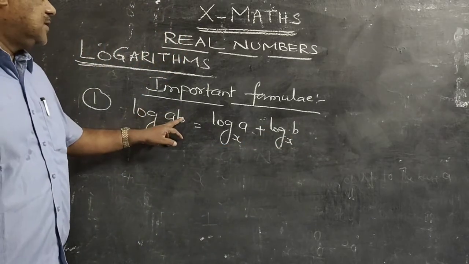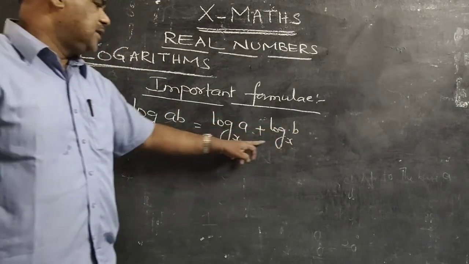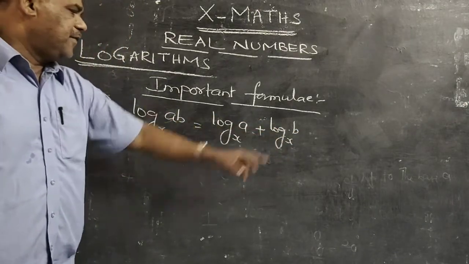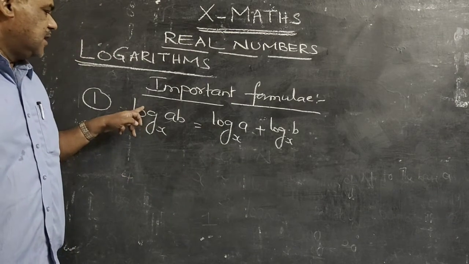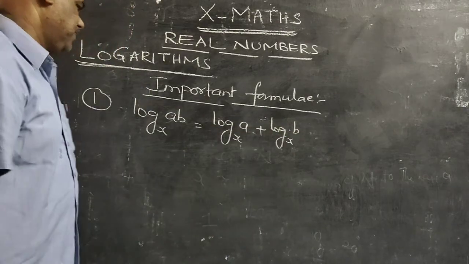Log A into B is equal to what we should write? Log A plus log B. When the base is the same in all the three logarithms, there is no need of writing the base. You can read it like this: log A into B is equal to log A plus log B.